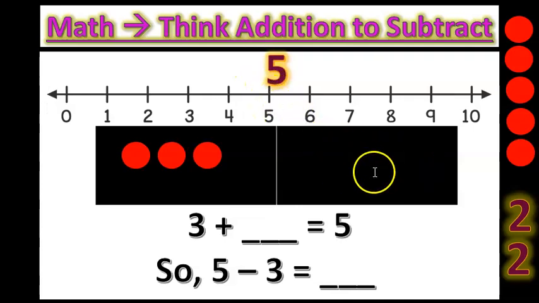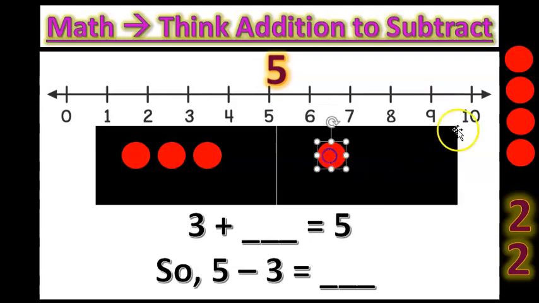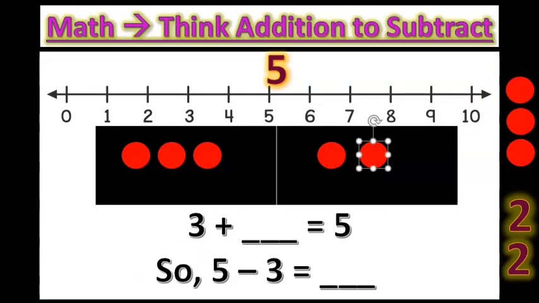So boys and girls, how many red circles do I put in here? 2. Good job. So let's put 2 in here. 2 red circles. Now boys and girls, ready? Now that we have 2 red circles here, what is the number that I'm going to insert here? 2. Good job.